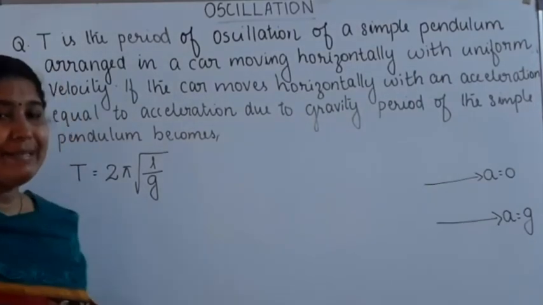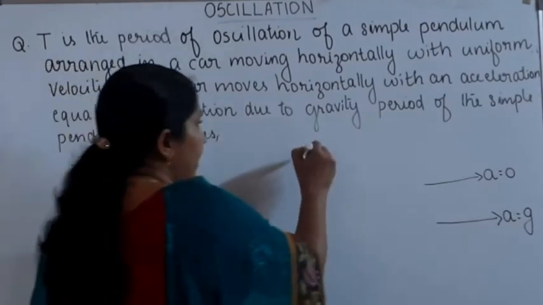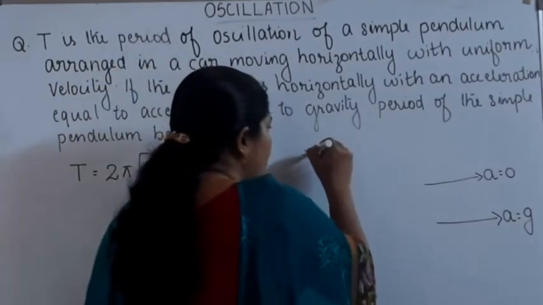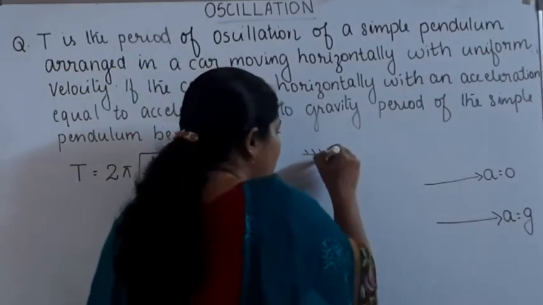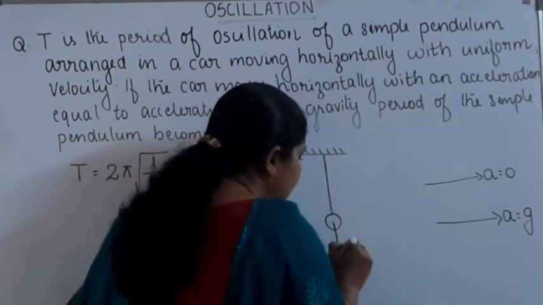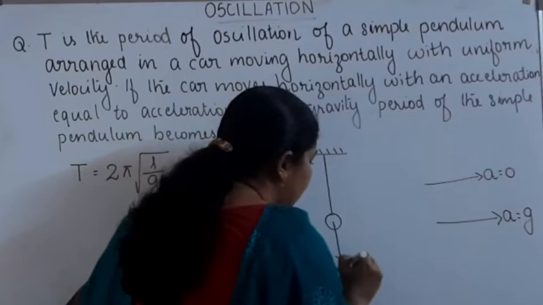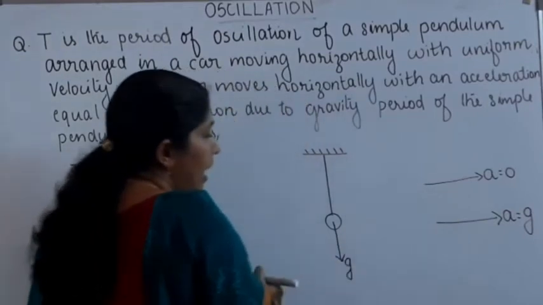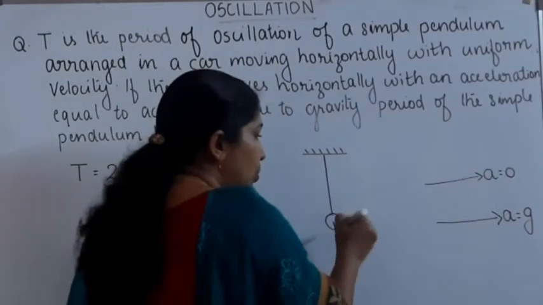To find the resultant acceleration, we know that when the car is moving horizontally with a uniform velocity, g is the acceleration due to gravity acting downward. The acceleration of the car is equal to 0.